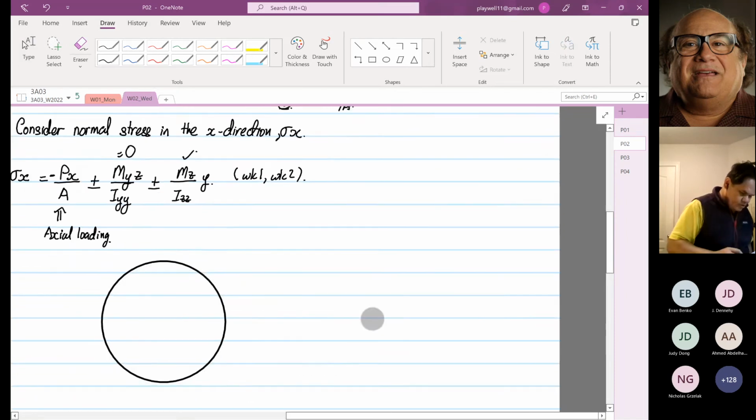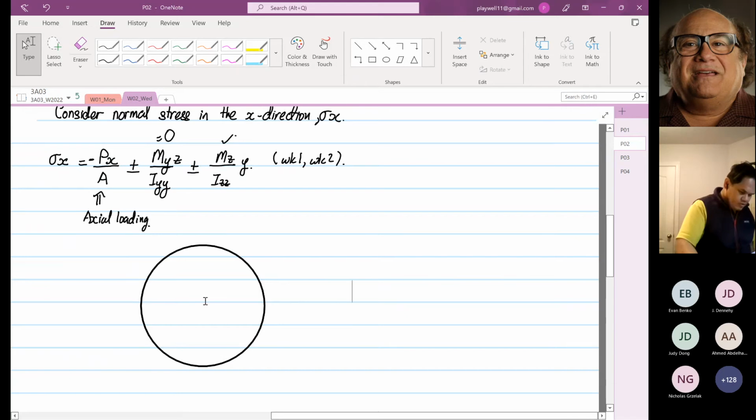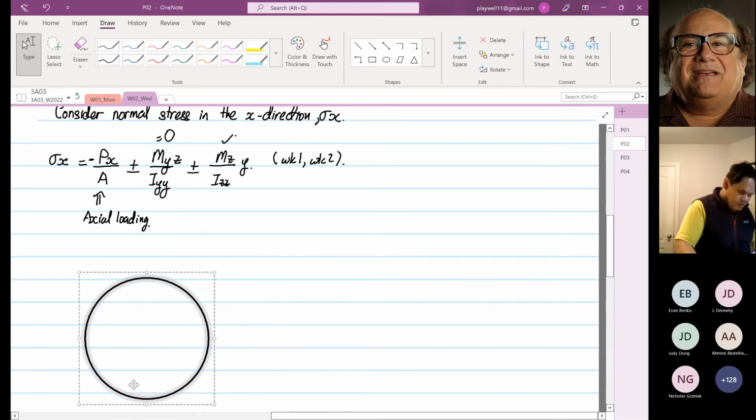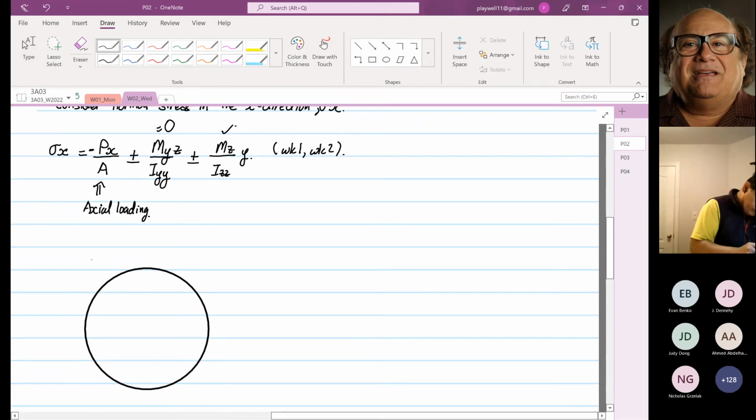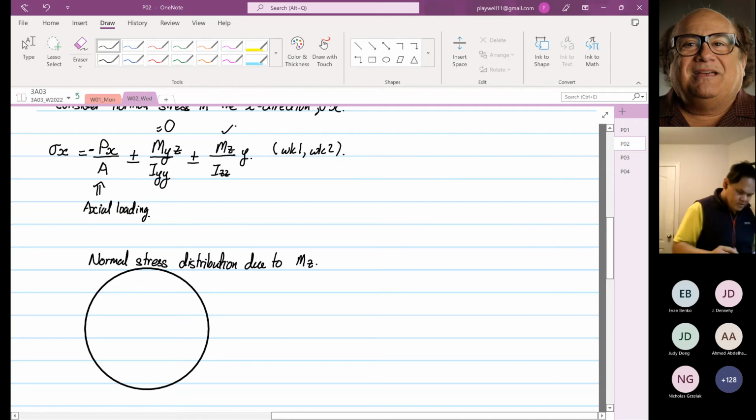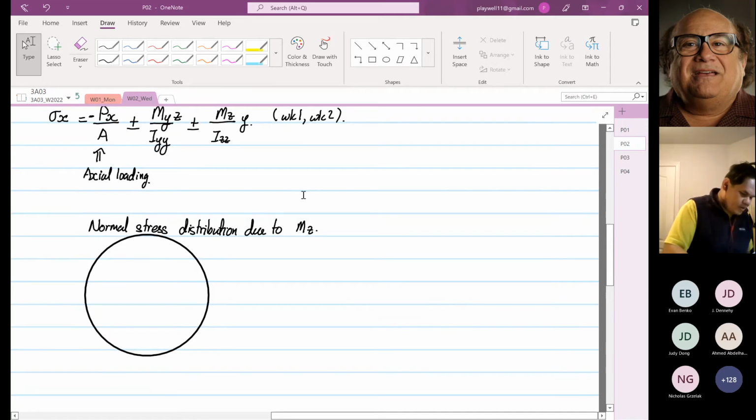I'm going to be organized over here and write down the normal stress distribution due to moment in the z-axis. So I'm going to sketch the graph now.